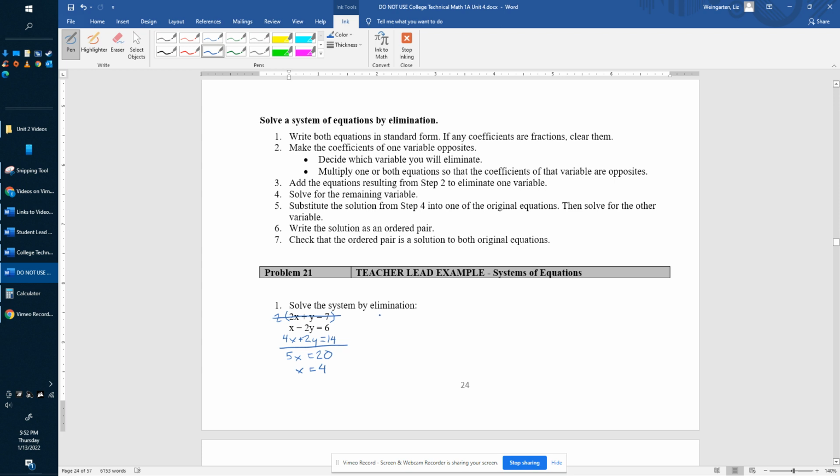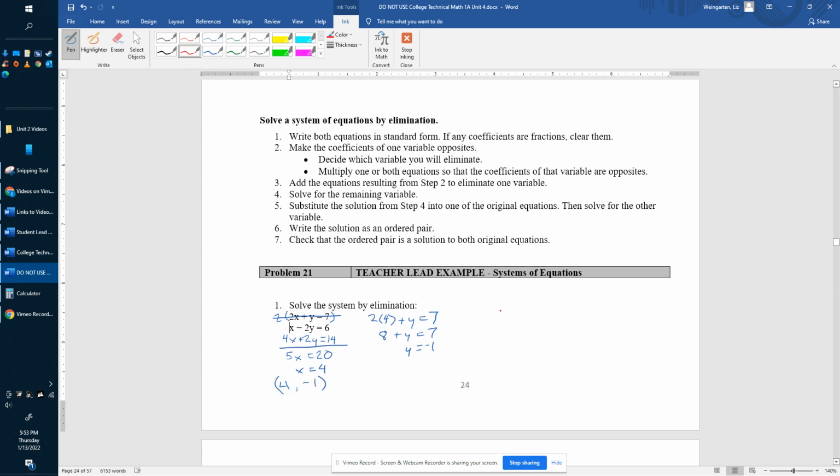We don't have to divide that way. So we have 2 times 4 plus y equals 7. 8 plus y equals 7. Subtract 8 from both sides and we get y equals negative 1. So that's our ordered pair, 4, negative 1.